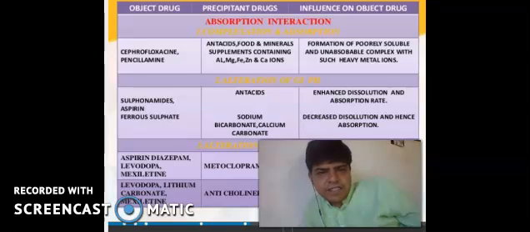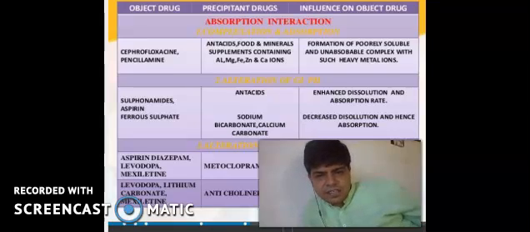Then alteration of GI pH: sulfonamides, aspirin, ferrous sulfate, where antacids such as sodium bicarbonate and calcium carbonate enhance the dissolution and absorption rate.